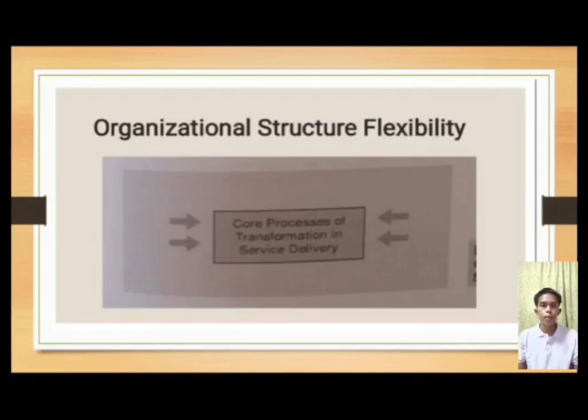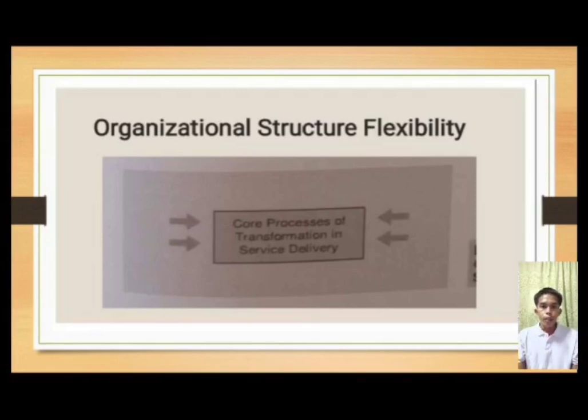Organizational structure flexibility, which means how adaptable a company's structure is to change in its process and environment. The core process of transformations in service delivery refers to the key activities or operations that help deliver service to customers. Flexibility in this context means the organization can adjust or modify this process to meet new demands, solve problems, or improve efficiency.